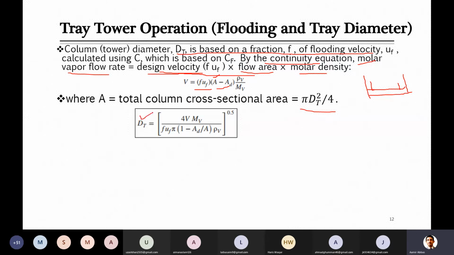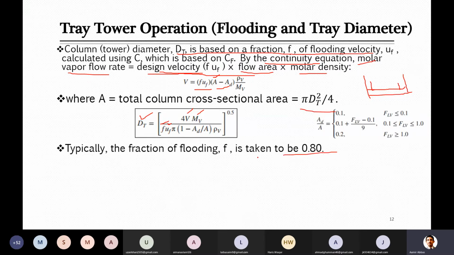and by rearranging this equation we can get the expression for calculating the diameter. This involves the vapor flow rate, the molecular weight of the vapor, as well as the flooding velocity and the fraction of the flooding velocity. We will look at what its value can be.